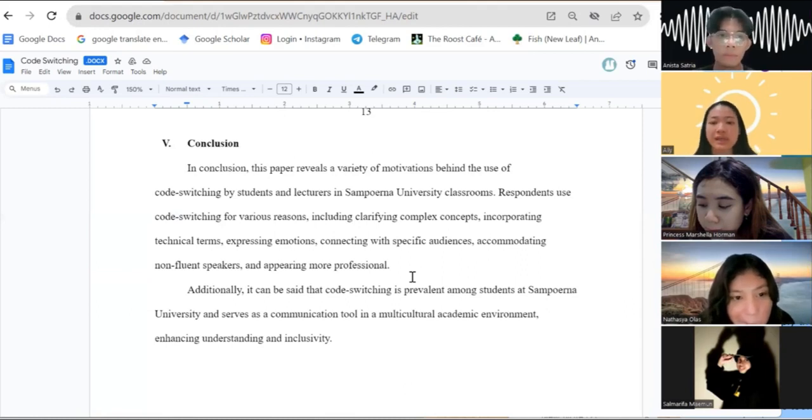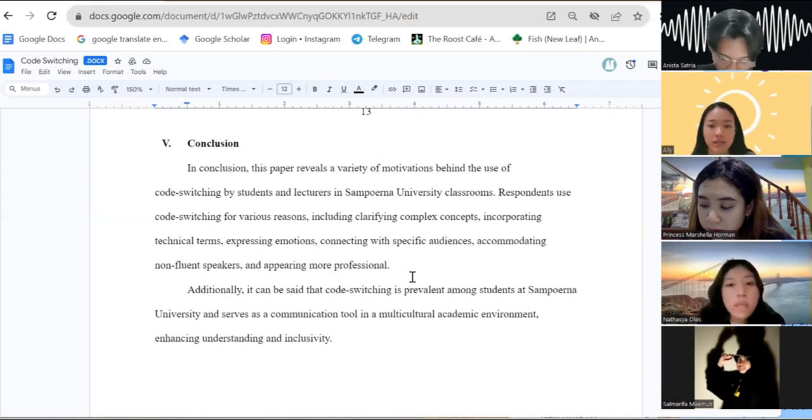Additionally, it can be said that code switching is prevalent among students at Sampoerna University, and code switching serves as a communication tool in a multicultural academic environment, not just in Sampoerna University, and it can help enhance understanding and inclusivity in that setting.